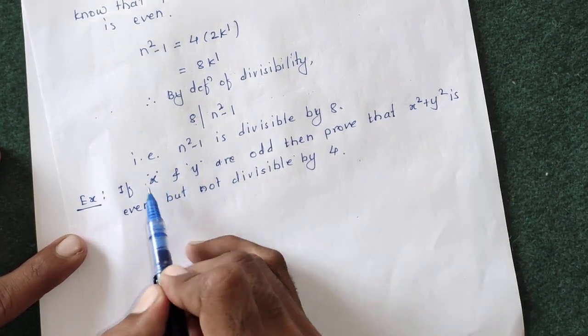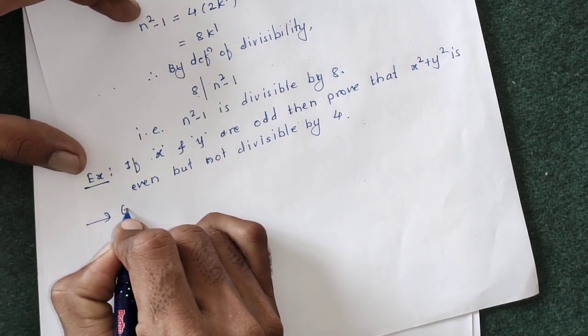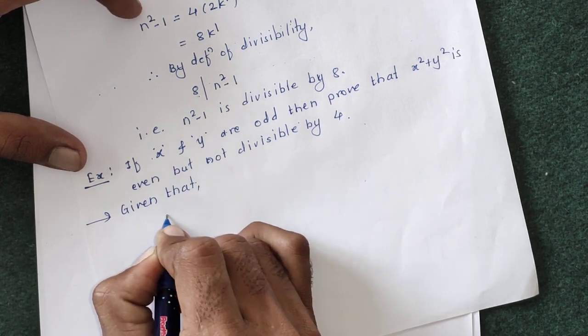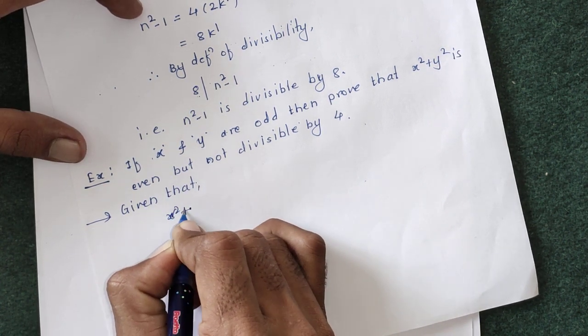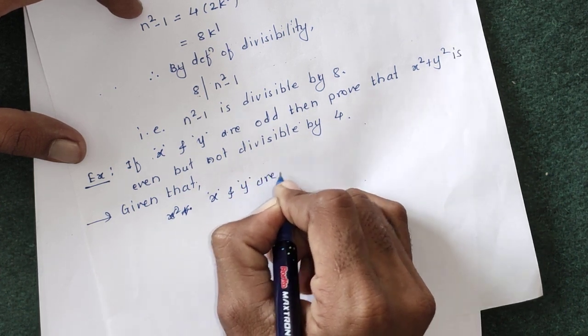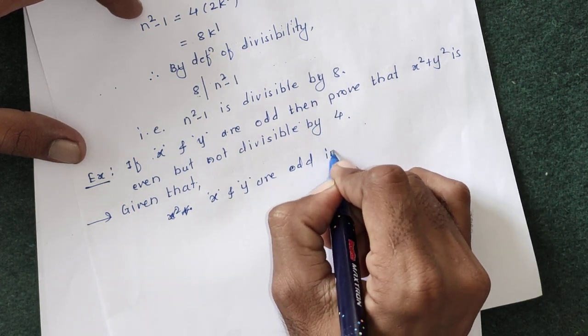We are given that x and y are odd integers.